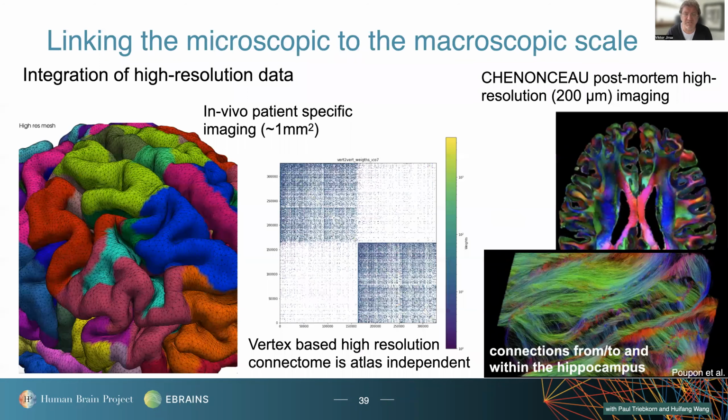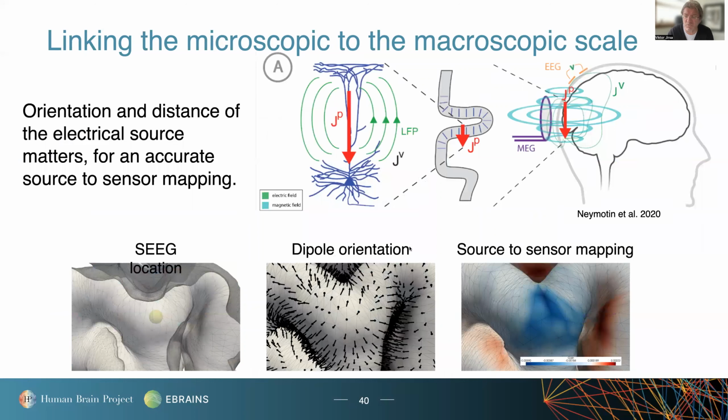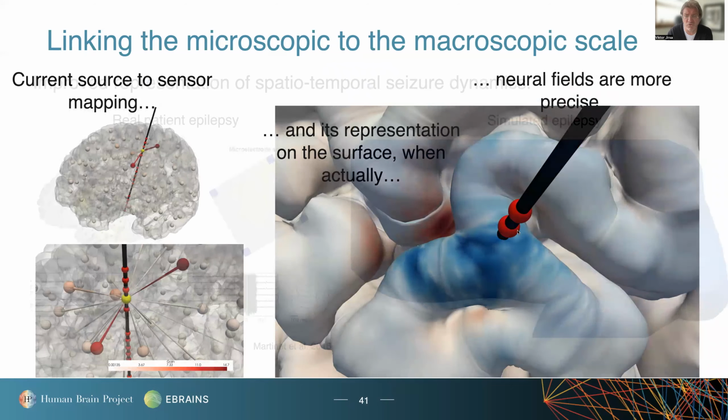So it systematically improves the resolution, because now we can go to a 1 square millimeter resolution, as you see represented here, merging the data, improving the dipole orientation and the source to sensor mapping, and systematically improving our forward solution.